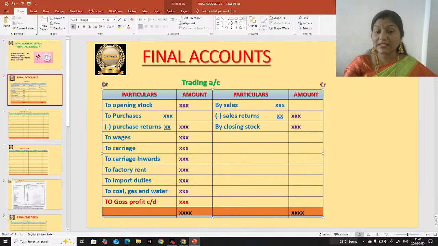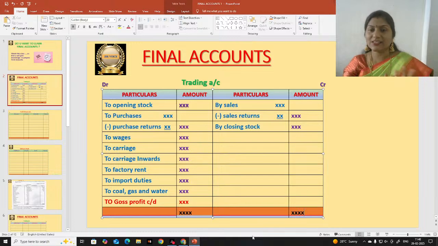Sometimes the amount is less on the credit side also. If credit side amount is less, you should go to the credit side and record that balance amount on the credit side. Suppose debit side amount is 20,000, credit side amount is 15,000, and amount is less on the credit side. We will record on the credit side only.